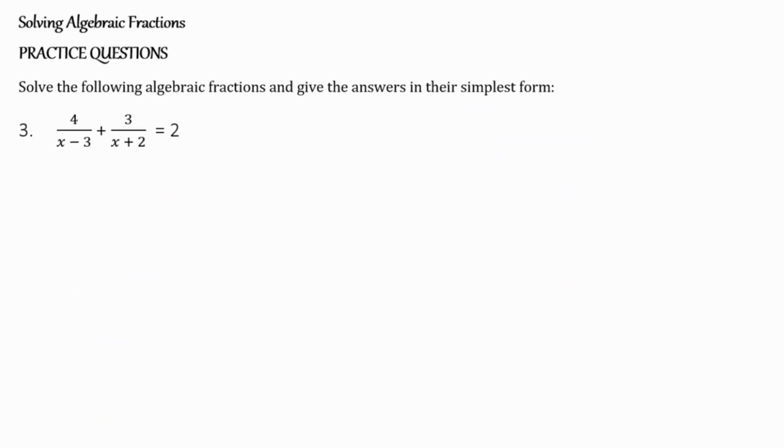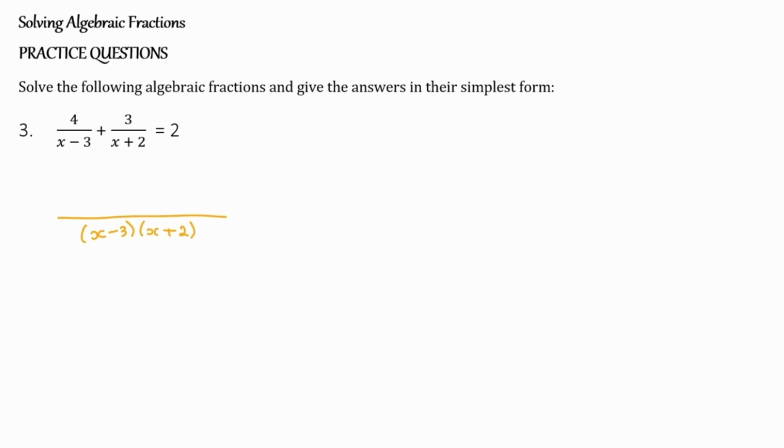For number 3, we have 4 over x minus 3 plus 3 over x plus 2 is equal to 2. So first, we will have to combine the left-hand side into a single fraction by writing it with a common denominator and adding the numerators. And to get the common denominator, we will multiply x minus 3 with x plus 2.